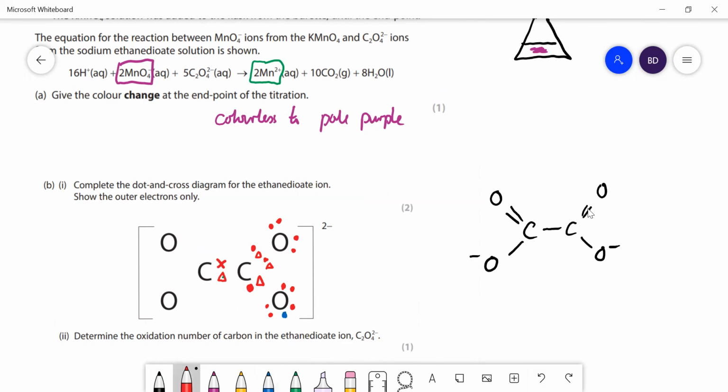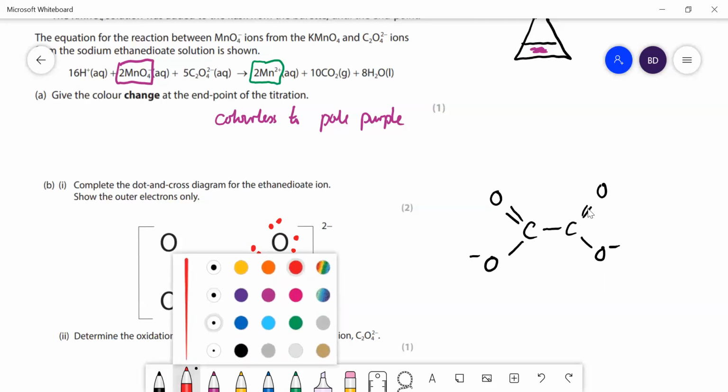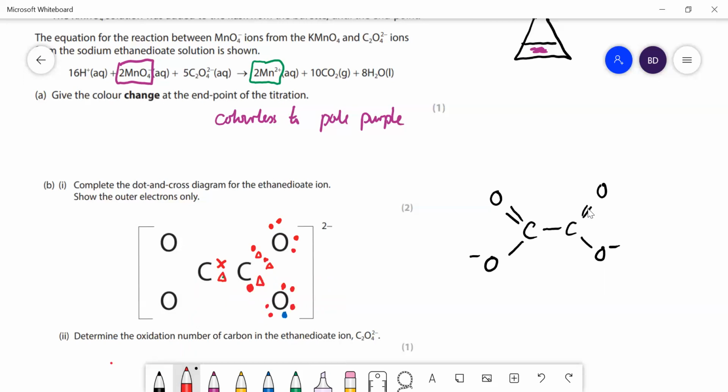I'm going to do the same on the other side now, but this time I've got crosses instead of dots, so I'm going to have cross, triangle. Sorry, not cross, dot cross, isn't it? This carbon's crosses.